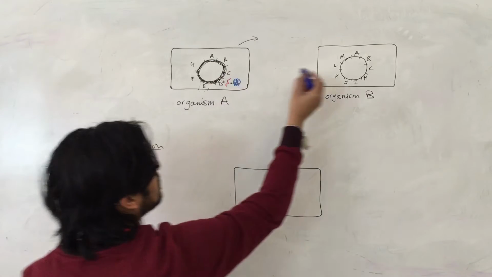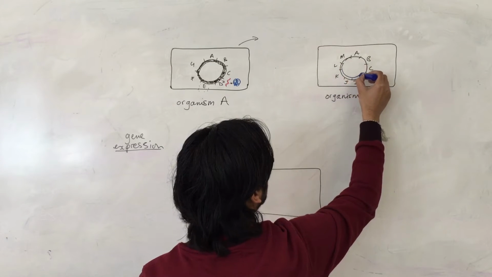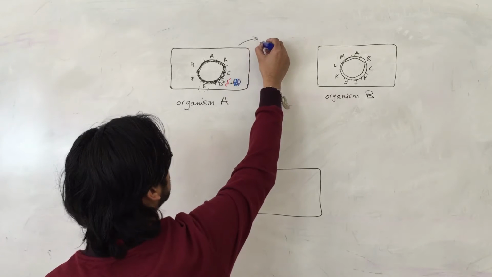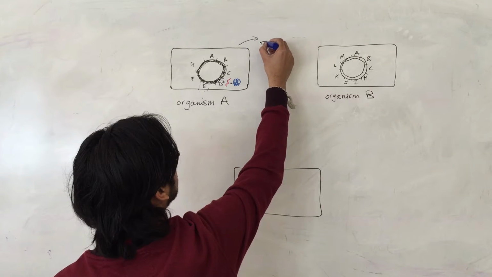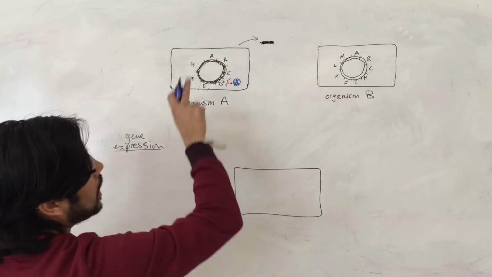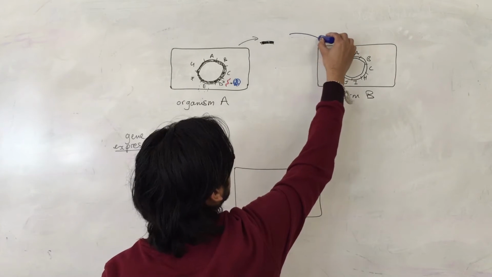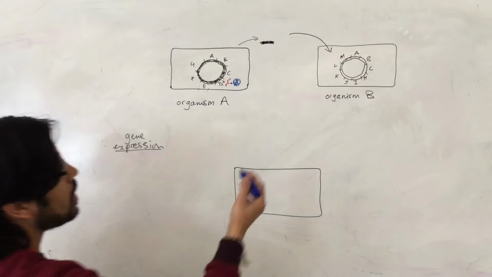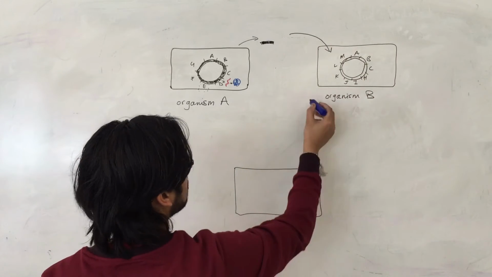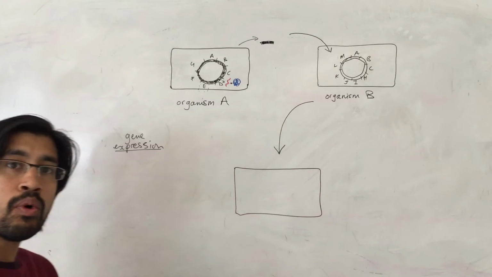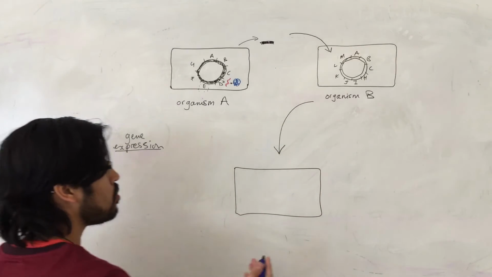Okay. This genome can have a white color. So what we're saying is we can extract the gene from organism A and then insert it into organism B, and by doing that we produce technically a new organism which is called transgenic.